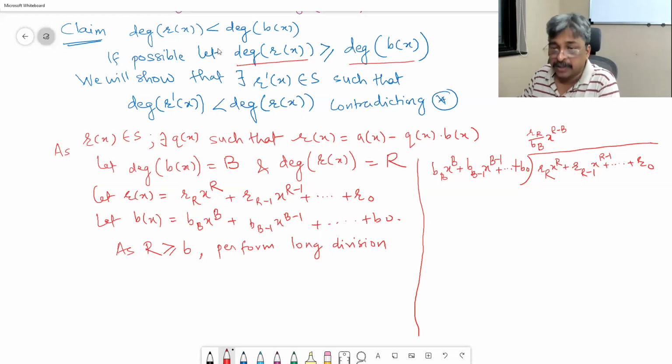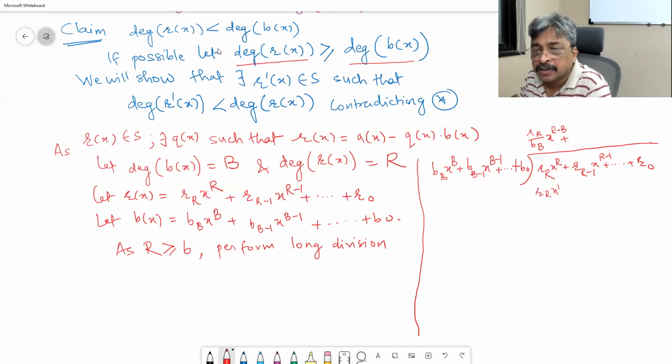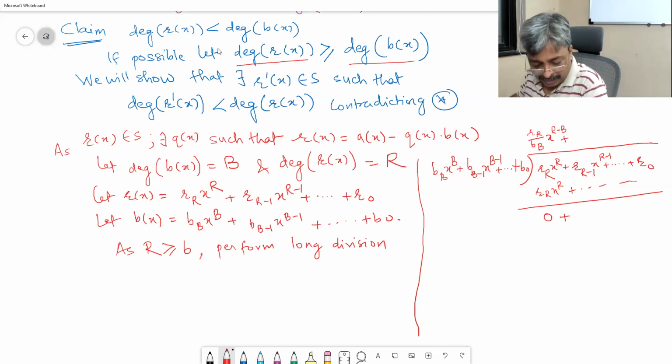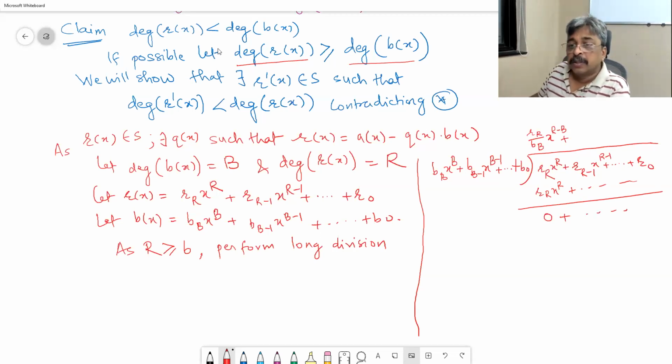So this is my first term, and then there will be something. Of course, here it will be R, capital R, X raised to R plus something, and then this is going to be 0 plus something. Is that correct? This is our long division.